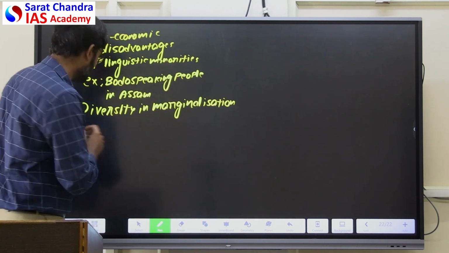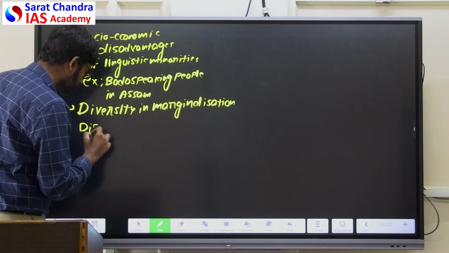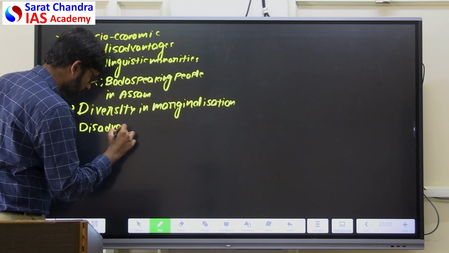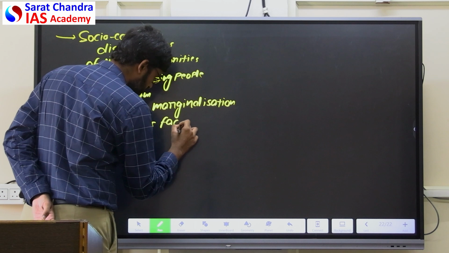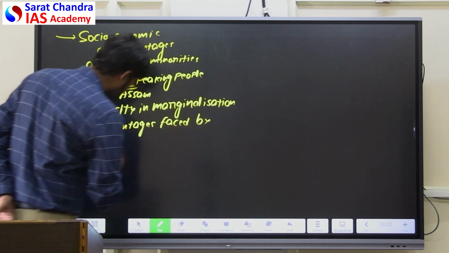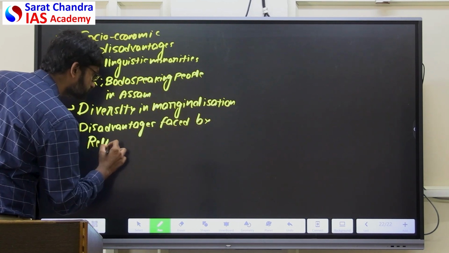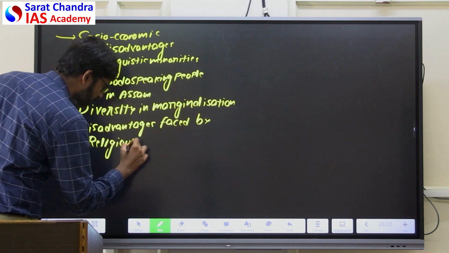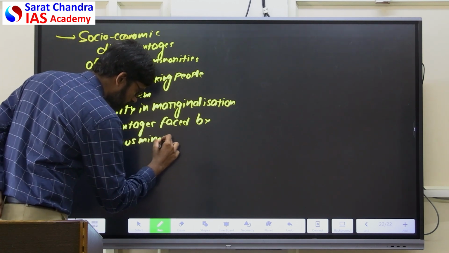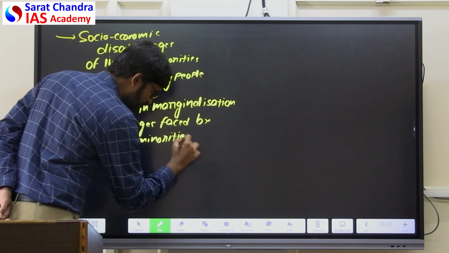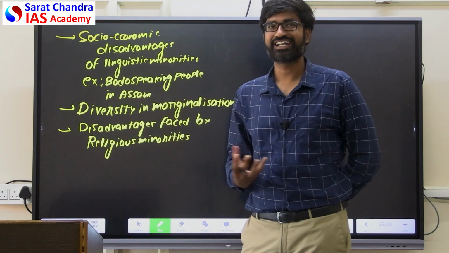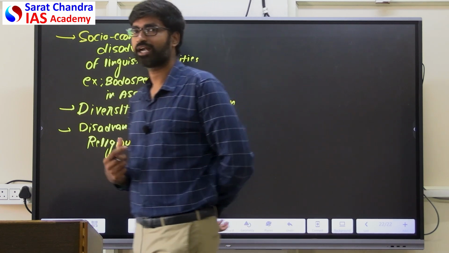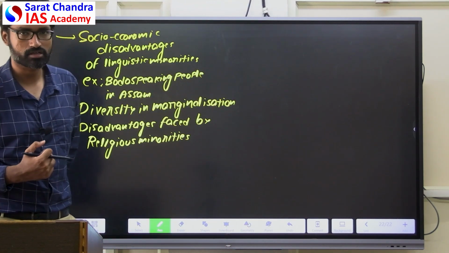And there are disadvantages faced by religious minorities. This is how a correlation can be drawn between religious and cultural diversity and socio-economic marginalization.